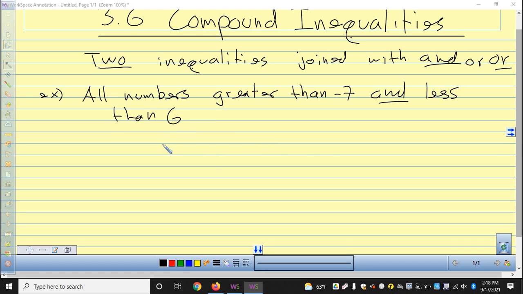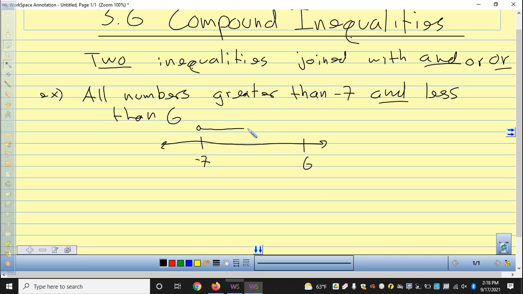Now, if I were to graph this, there would be my number line, -7 and 6. For an "and" inequality, we're talking about where the two overlap. So greater than -7, going to have an open dot because it's not equal.